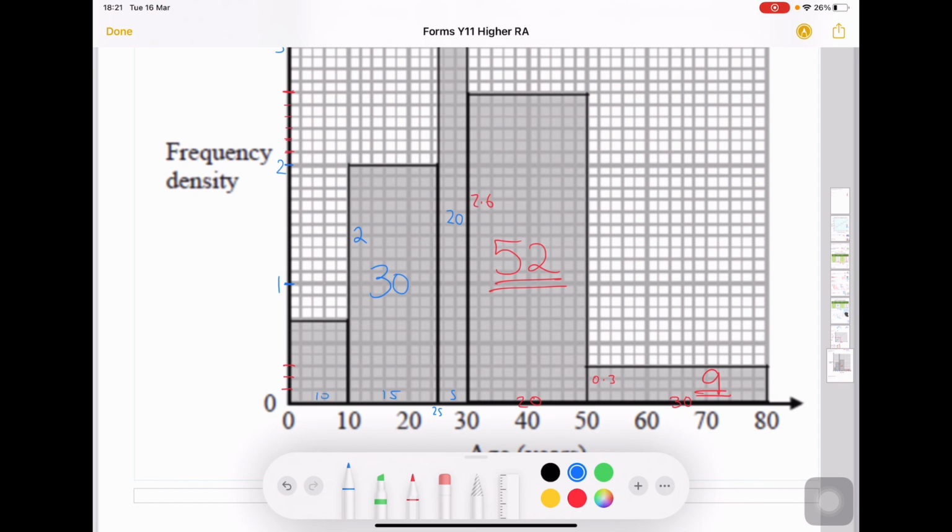And here we have 10 multiplied by, what is this? 3, 4, 5, 6, 7. So 0.7 multiplied by 10 is 7.